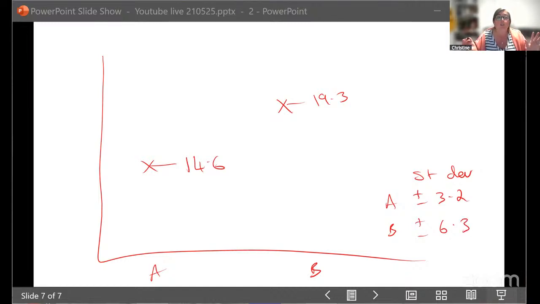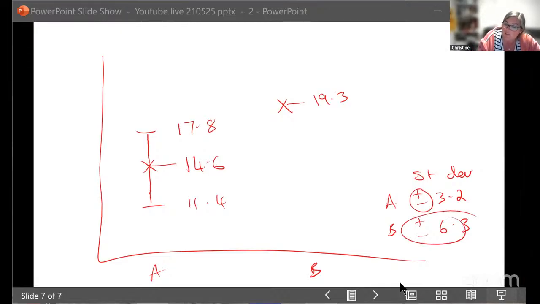I'm just throwing things out there to give you a bit of information. What I'm saying is I am going to go up and go down by plus or minus 3.2. If I'm going up, I would take this up to 17.8. And if I was going down, I would take this down to 11.4. So that's my standard deviation for the variability in my data.